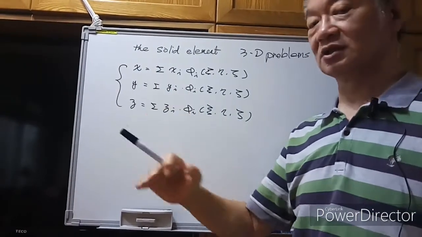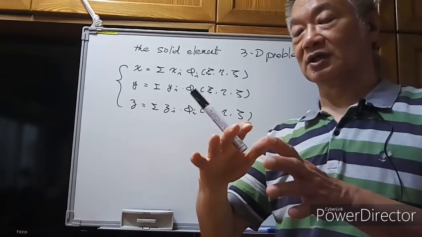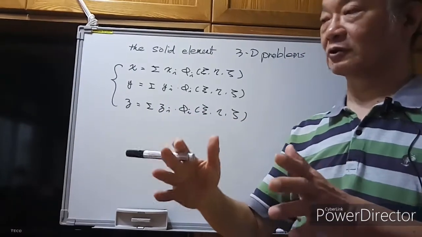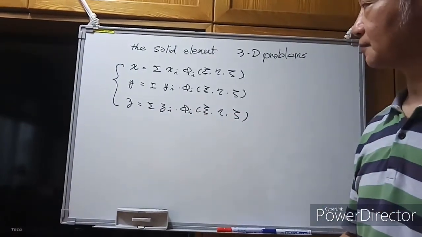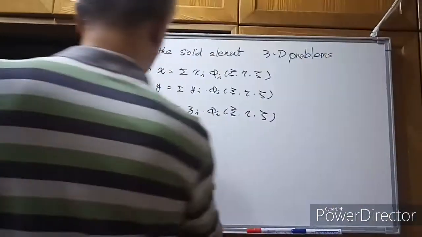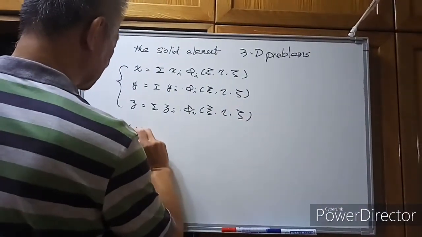Okay, so for these three formulas, it means that we define continuous functions in the mapped element, and also for the u, v, and w functions.